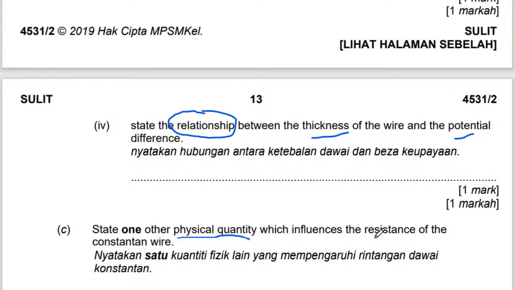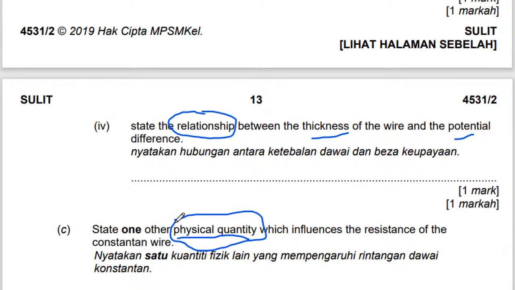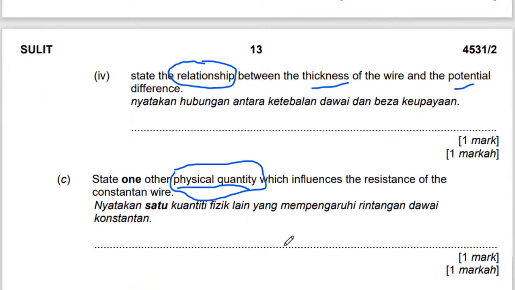Now what about type of material? Is it a physical quantity? Do they have a unit or not? Because we're talking about physical quantity, so try to avoid type lah. Walaupun type of material, yes, it affects resistance, better not to write it for this question, because you have other answers.